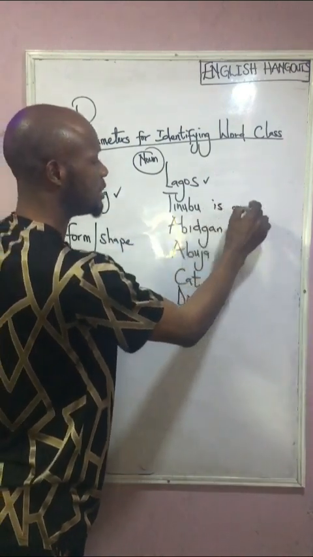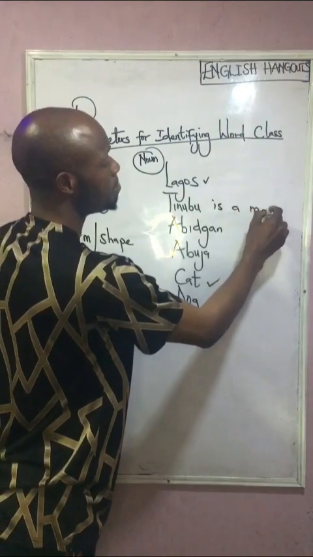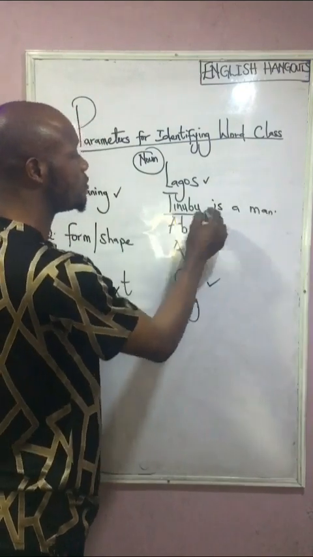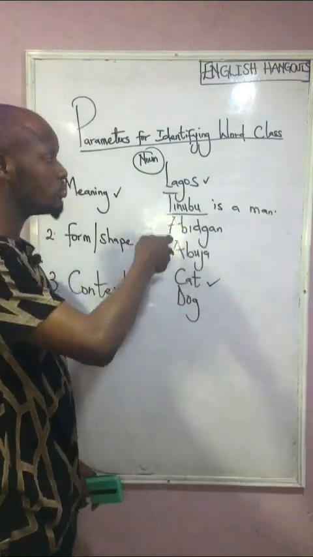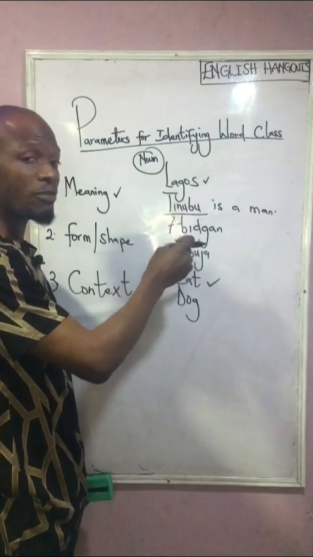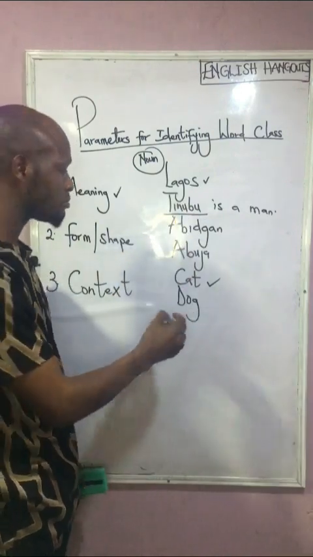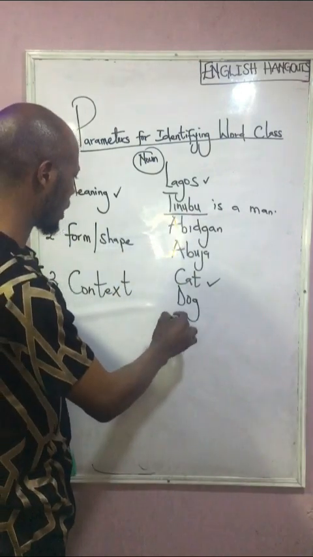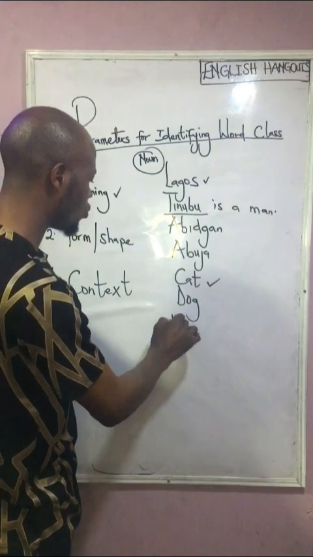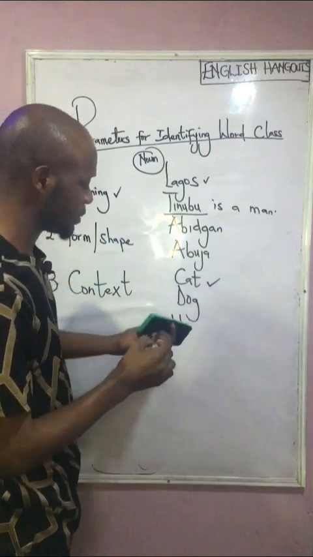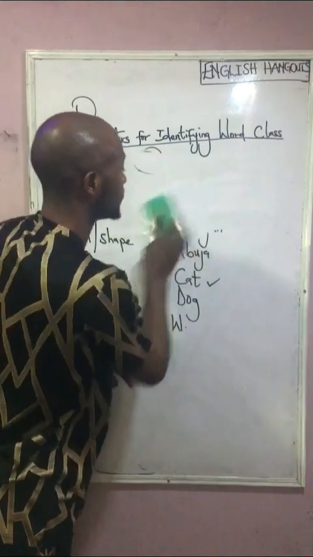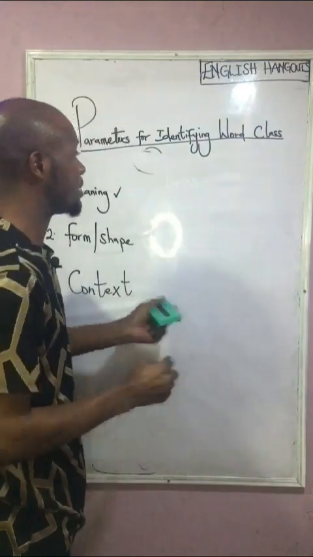Tinubu is a man. Tinubu here becomes the noun and also the subject of that sentence. For example, we can also have walks. Let me rub this off. That is noun.